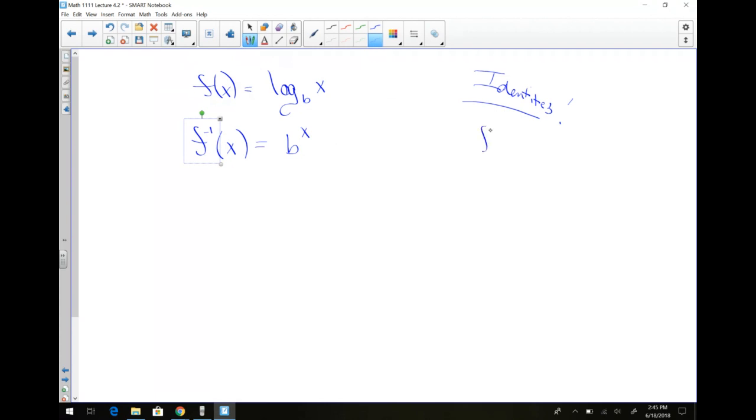We know that f of x composed with its inverse is supposed to equal x. Also, the inverse composed with f of x is supposed to equal x. That's how we check our answers, especially in section 2.7.